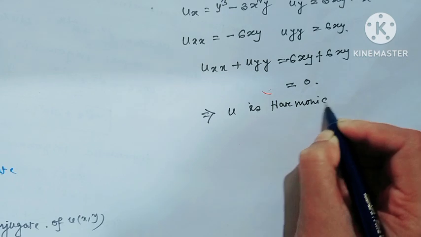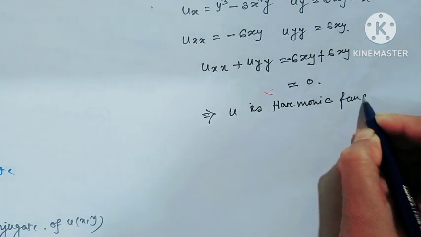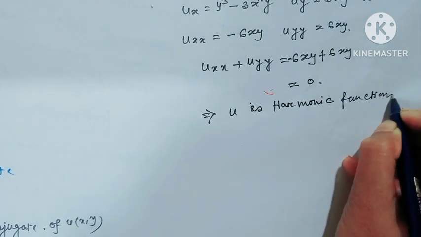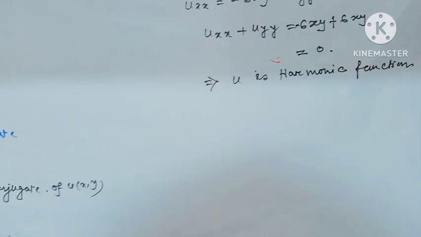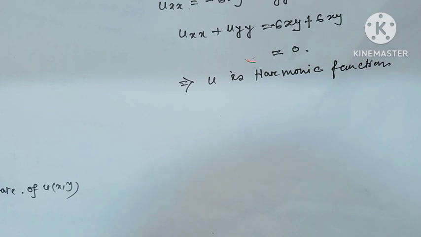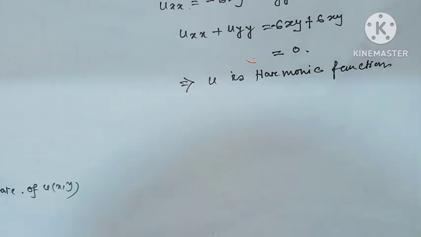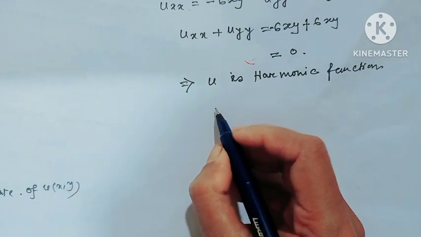Since u is a harmonic function, we have to find the harmonic conjugate of u. Therefore it is analytic, so it satisfies the Cauchy-Riemann equations.